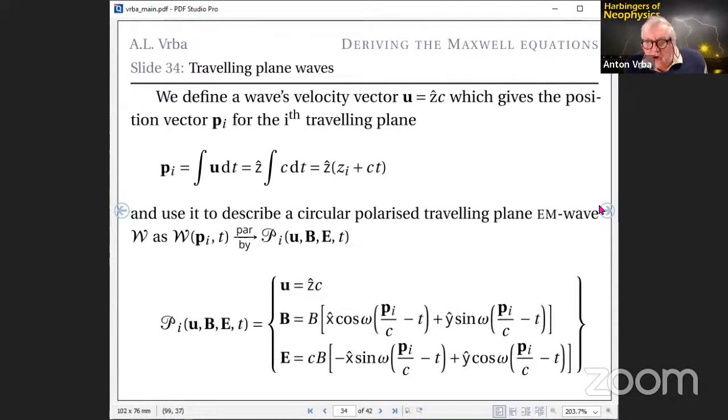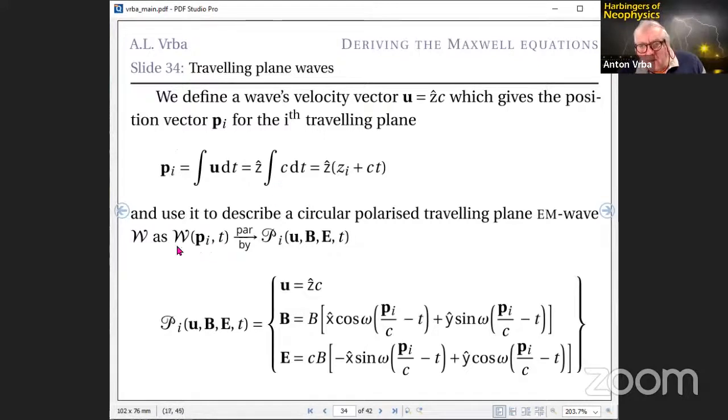Now, if we look at a single plane of an electromagnetic wave, the plane of the traveling plane wave, moving along the z-axis, I can define as z, the unit vector z, the initial position where we started off at time 0, plus ct, so that this is easy enough.